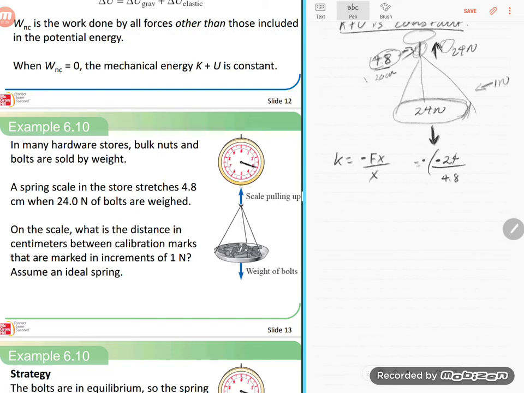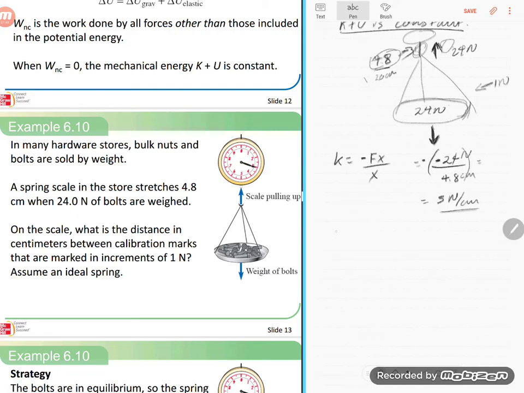The force is negative because it's opposite to the extension. So minus minus is positive. This is centimeter, by the way, and this is Newton, so we have to remember this is centimeter. So it will come to 5 Newton per centimeter. Don't forget this one, 5 Newton per centimeter.